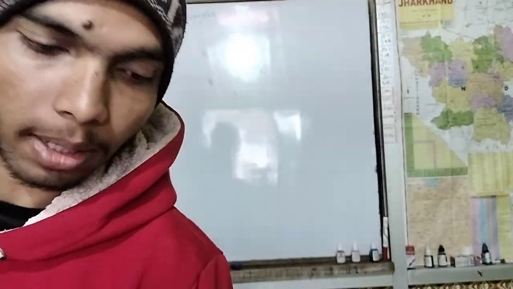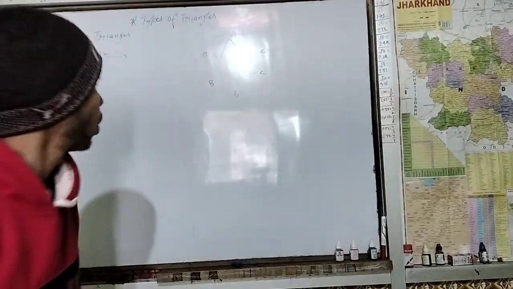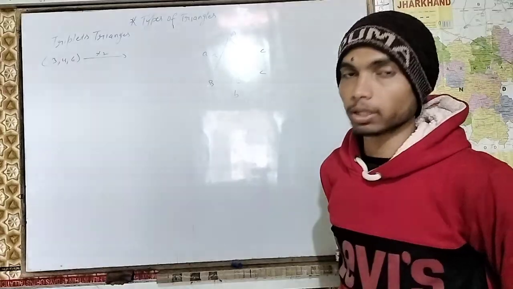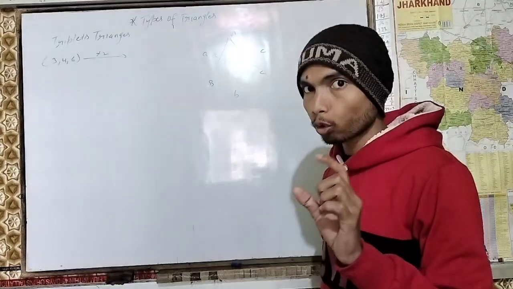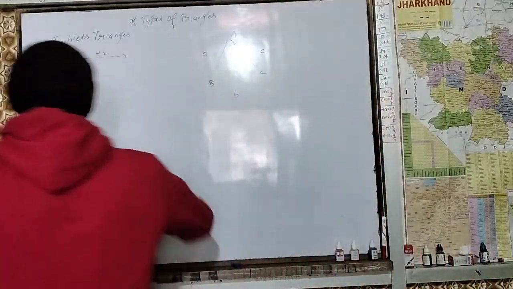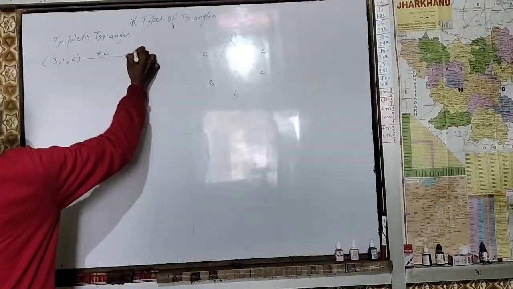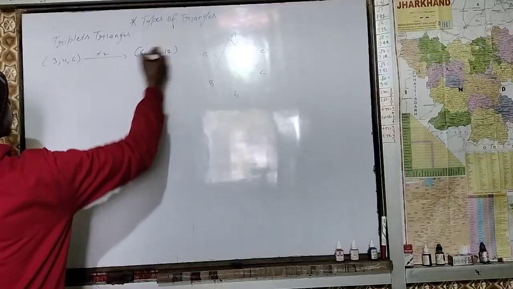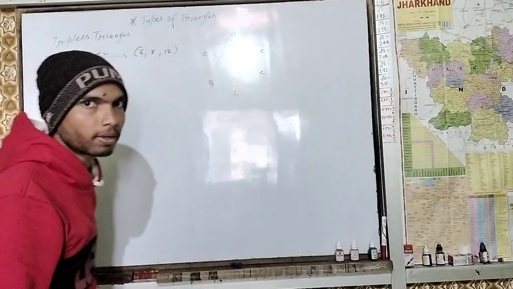In the case of template triangles, only the length will increase after multiplying with any number, but the angles will stay as they are. For example, 3 to 6, 4 to 8, and 6 to 12.